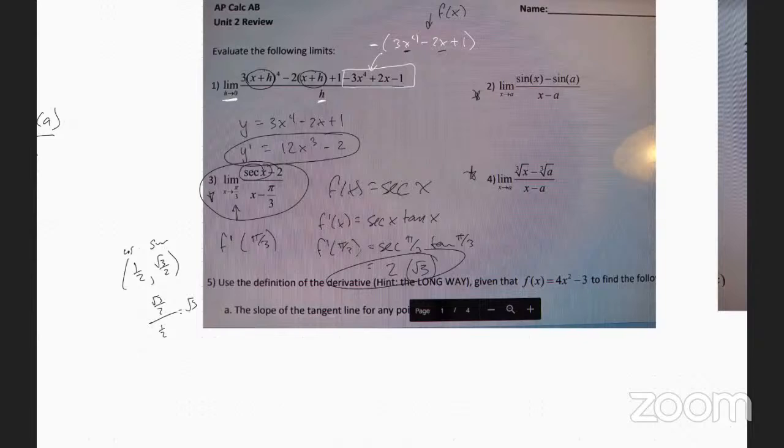And this is just the derivative of the function x to the 1/3. So the derivative of that is just 1/3 x to the -2/3. That's just your answer there. Okay, let me take a screenshot.